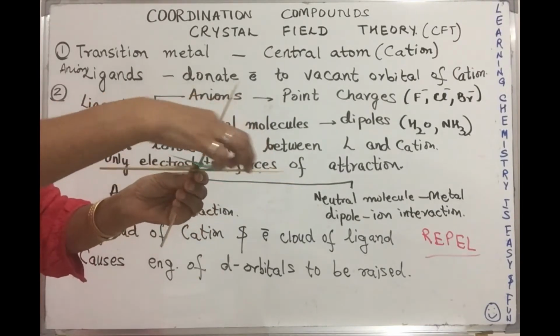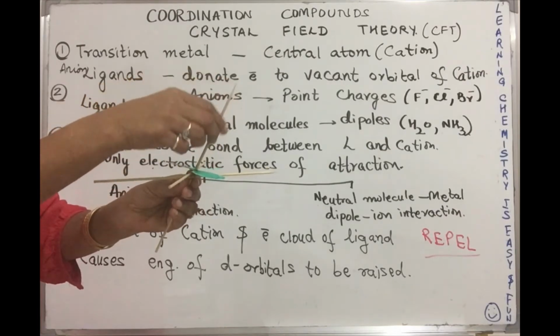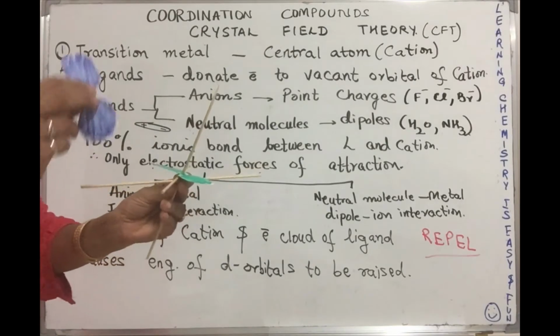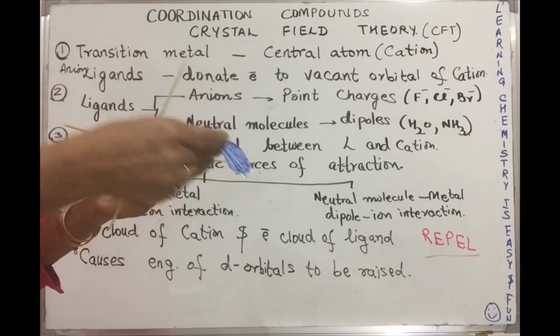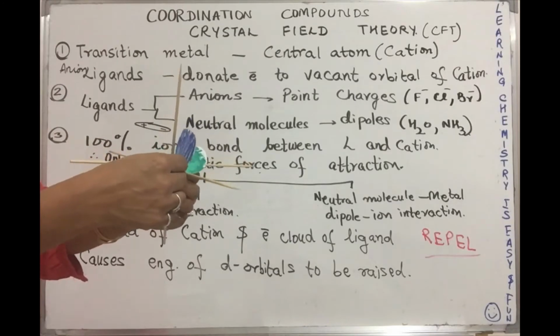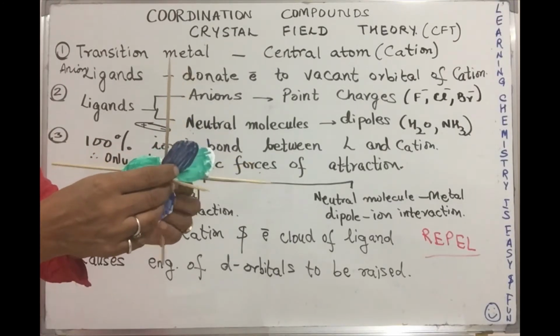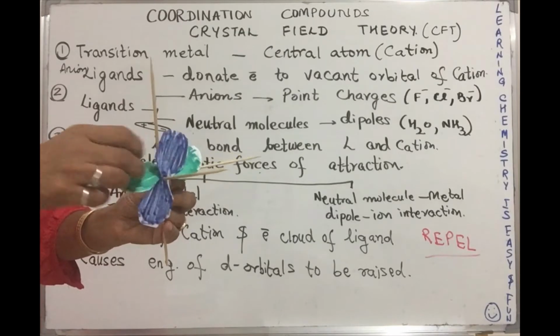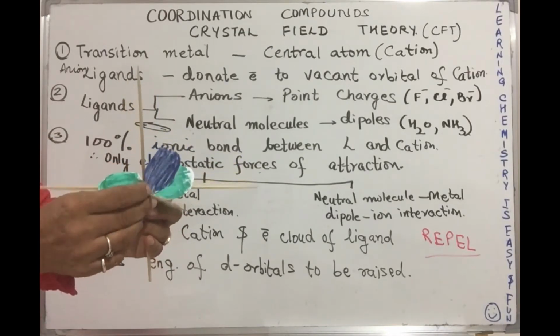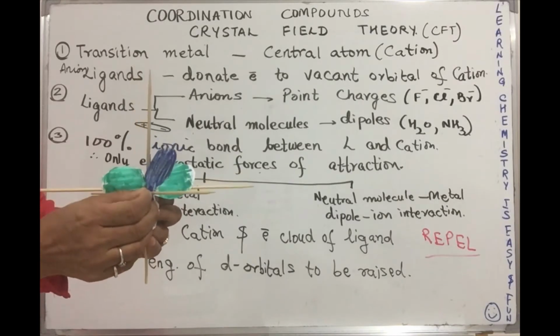Now this is x, y and z. If I am talking about, let's suppose, dxz, in this case my orbital is aligned in between the x and the z axis, right?